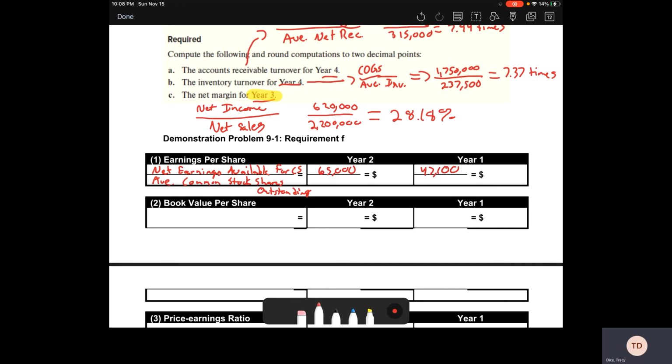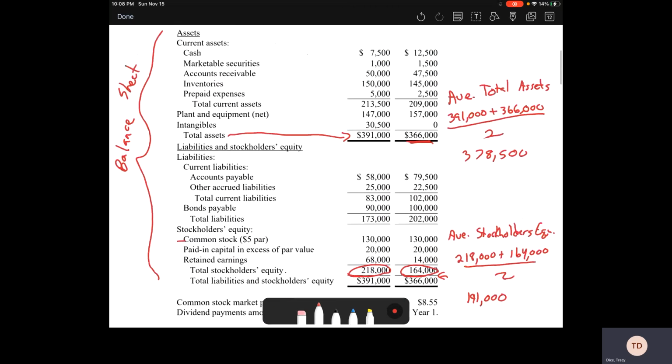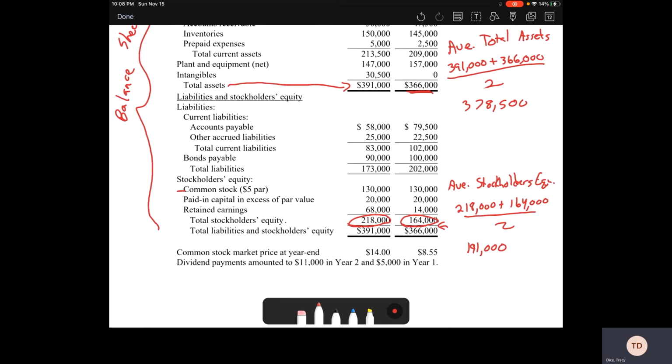We then have to find our average common stock shares outstanding. So we come back up here. We know that we have $5 par common stock, and we have $130,000 worth of investment. So to figure out how many total outstanding shares we have to look at the dollar amount and the dollar that we brought in.